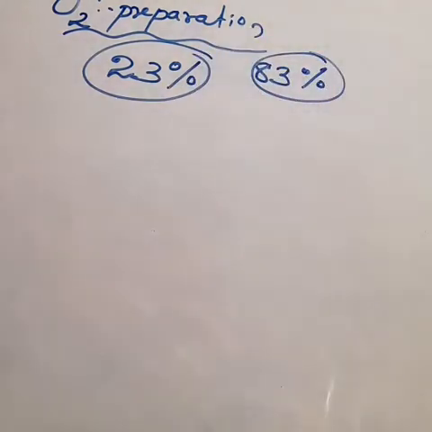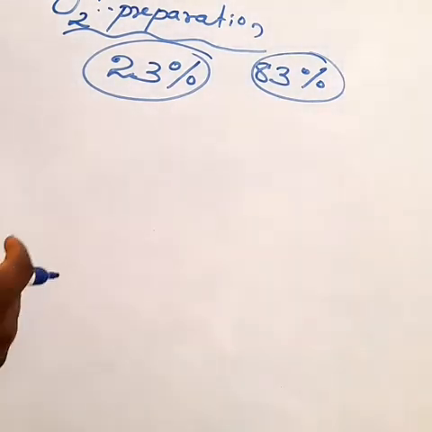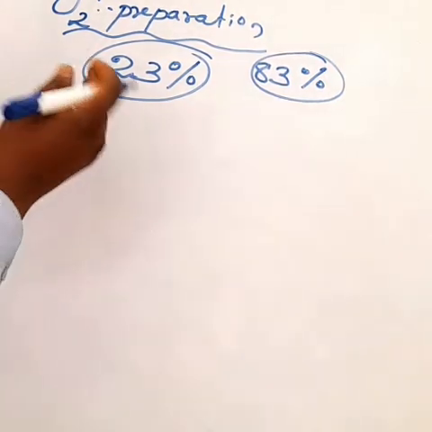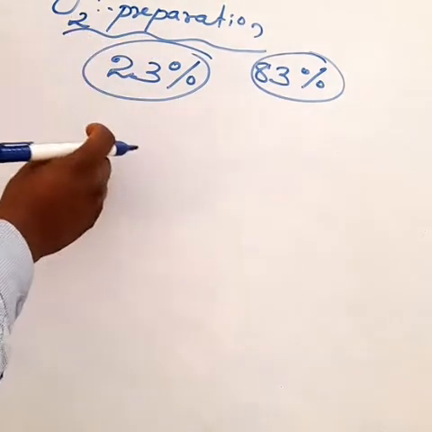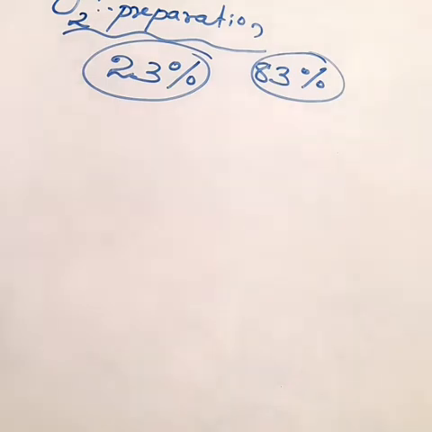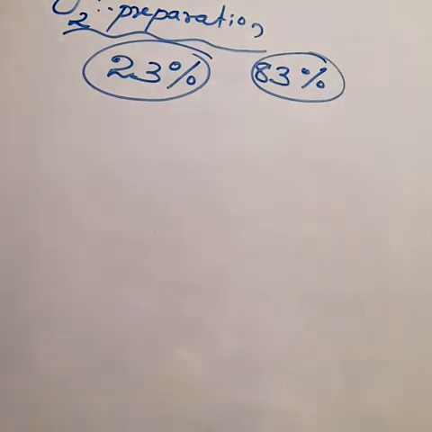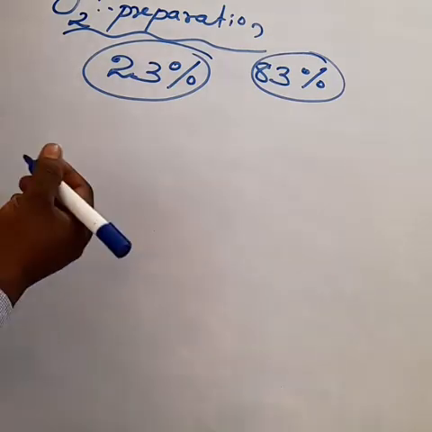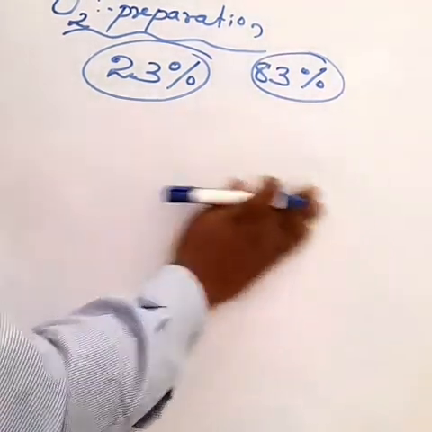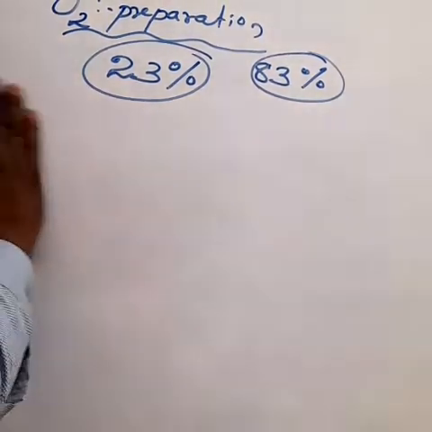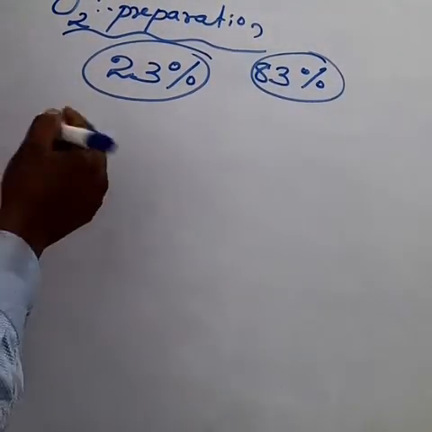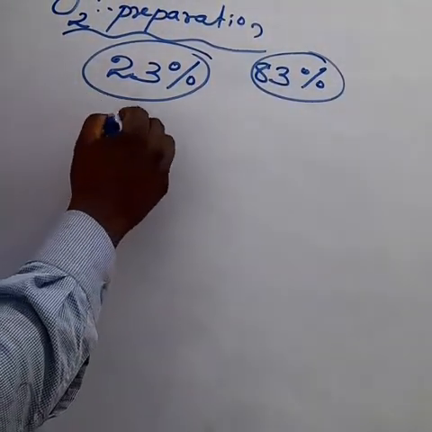Oxygen is contained in combined form. Industrially, oxygen is obtained by the fractional distillation of liquefied air. Oxygen is prepared by the following methods. First, I am taking one compound: hydrogen peroxide.